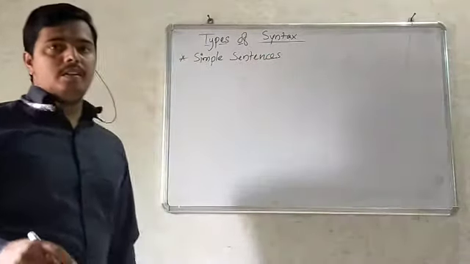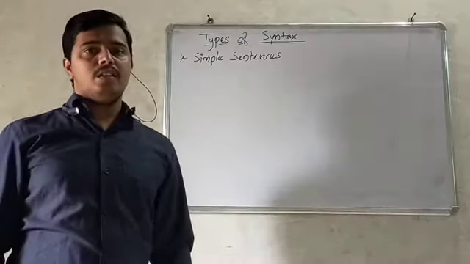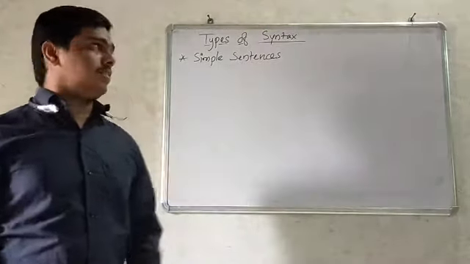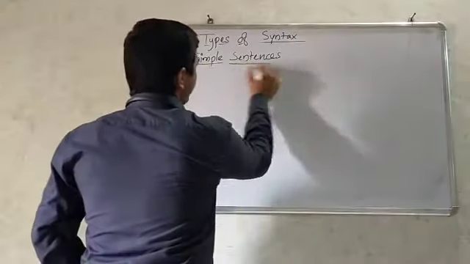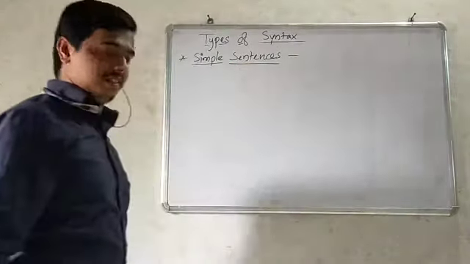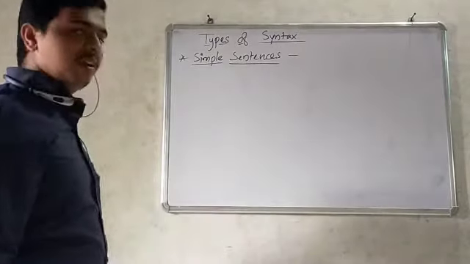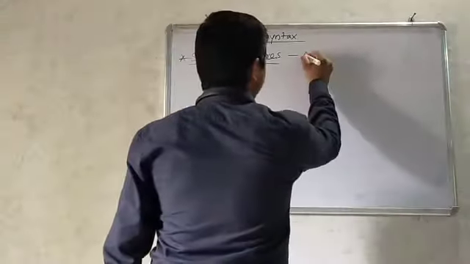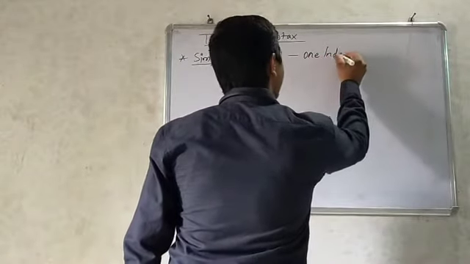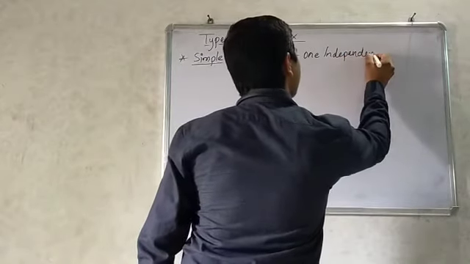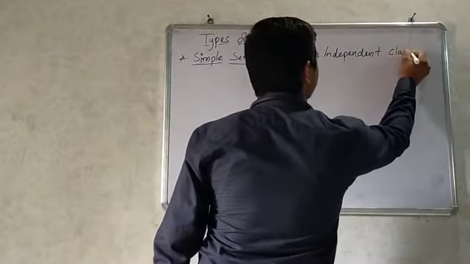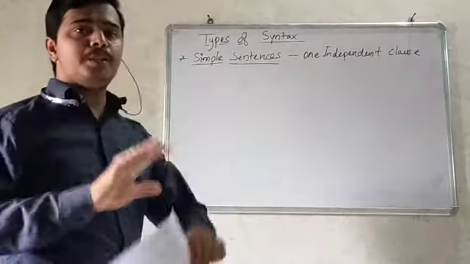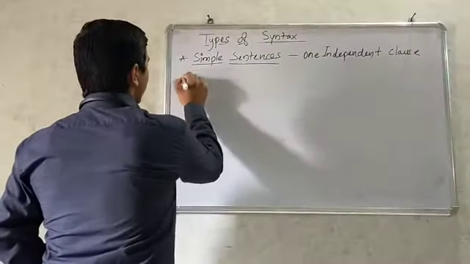In your last semester we studied and discussed the types of sentence patterns. Here, what are simple sentences? A simple sentence has one independent clause, and it gives complete meaning.